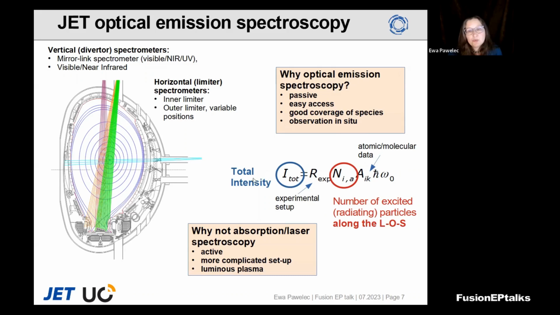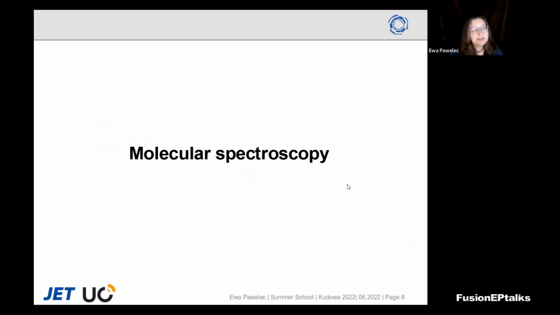Total intensity. What we are mostly observing is the total intensity, which is proportional to the radiating particles along the line of sight. In the molecular case, it's mostly the very thin layer, but not necessarily in the divertor. What are the particulars of molecular spectroscopy?